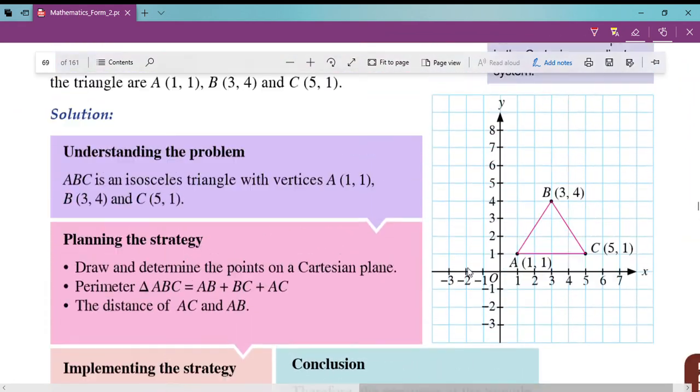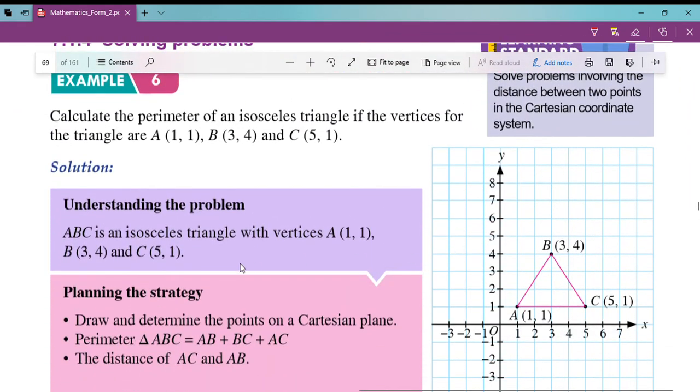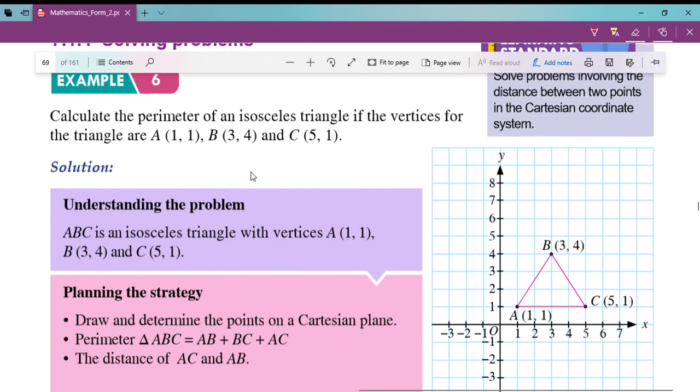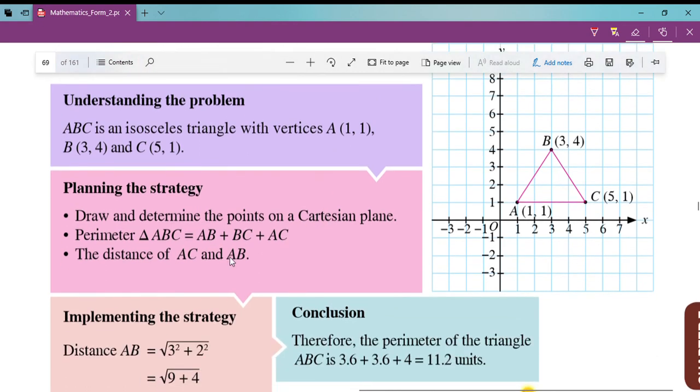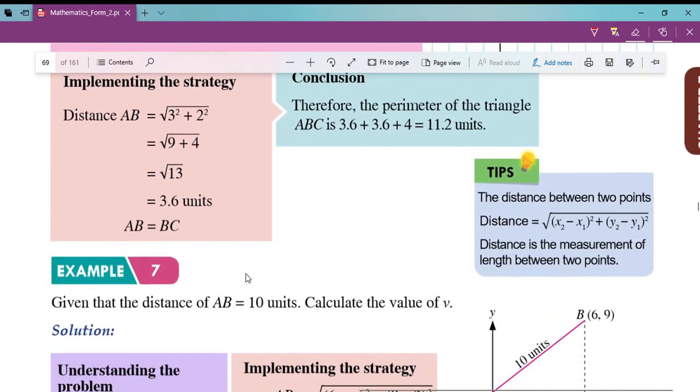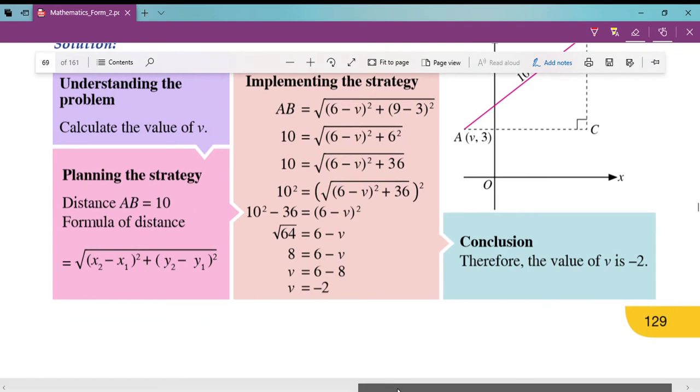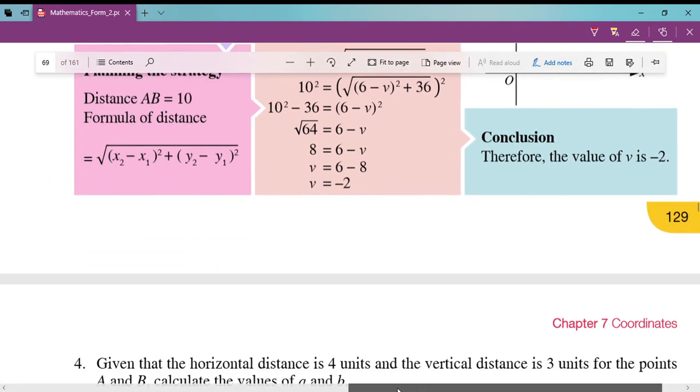Example 6 asks you to calculate the distance between AB, BC, and AC, and then you sum up to get the perimeter of this isosceles triangle. You have to sum up everything. Please refer to the example. The basic concept I already taught you.